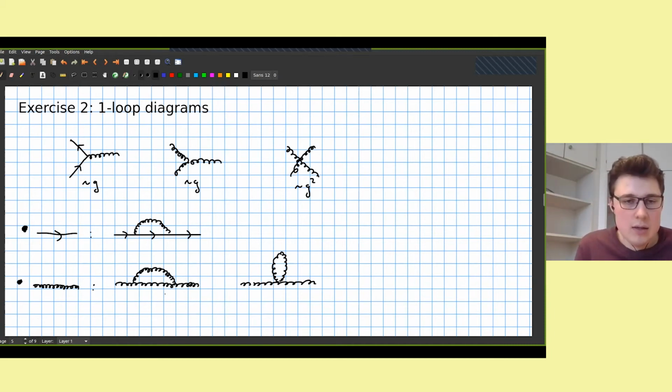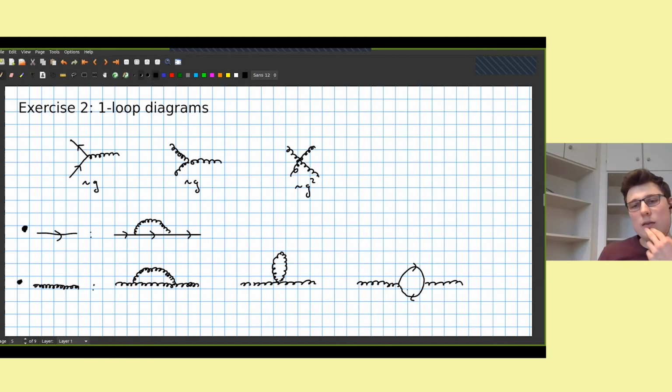So you get two quark-gluon vertices instead of the two 3-gluon vertices here. And what you would then get is a fermion loop in the middle. So you get this fermion running in the loop, a quark loop, of course. So instead of the gluon, now there's the quark running in the loop.